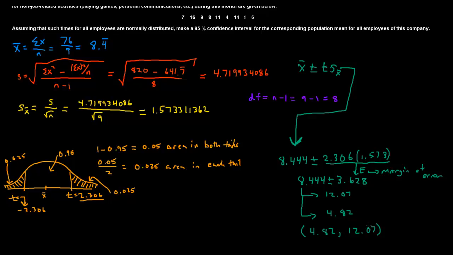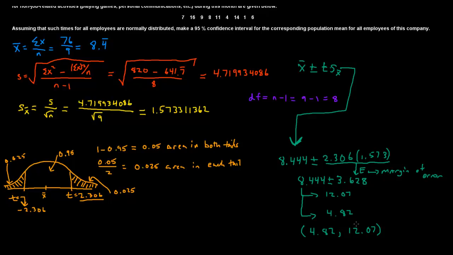We're 95% confident that the true population mean lives in this interval. In other words, if we took every possible sample of size 9 out of everybody that worked at this company, 95 times out of 100, the interval would capture the true mean. So 5 times out of 100, of course, it wouldn't. That's what the interpretation is here.